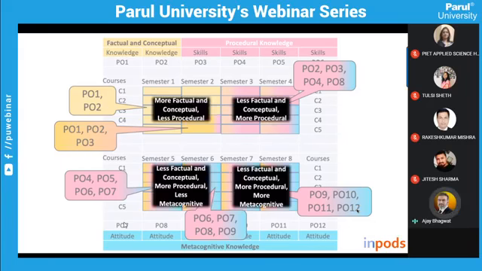And then if you look at the kind of knowledge that is being delivered by these courses, you will see that in the initial period of the graduation, the courses are delivering more factual and conceptual, and less procedural knowledge.